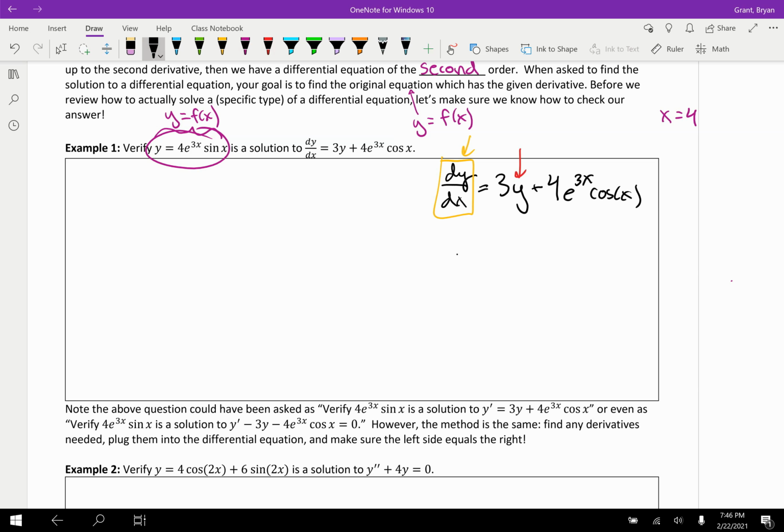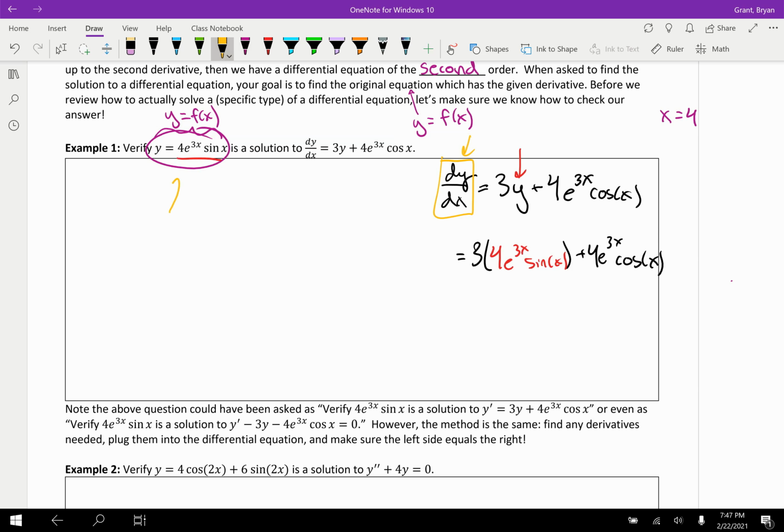Now one of those is pretty easy to replace. The y that's right here, and I'll maybe run out of room here. Sorry, I probably should have spaced this differently, but that's all right. This y is easy to replace because we know what y equals. Y is equal to 4e to the 3x sine of x. Cool. But how about this dy dx? How can we replace that?